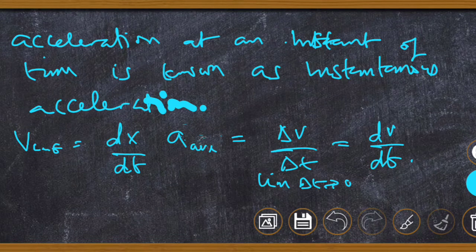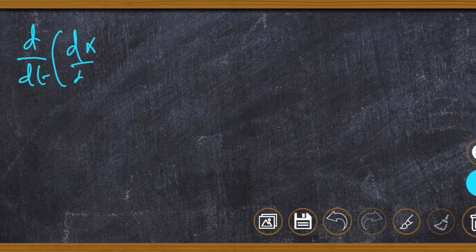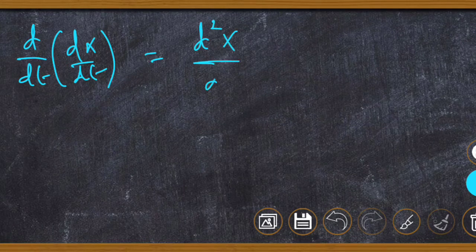And since velocity is ds over dt, then my instantaneous acceleration should be equal to d over dt of ds over dt, which will give rise to d2s over dt square.